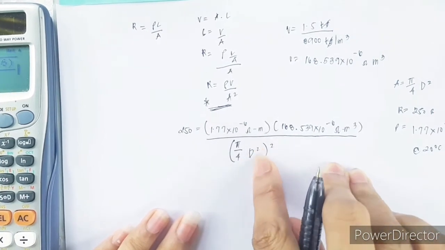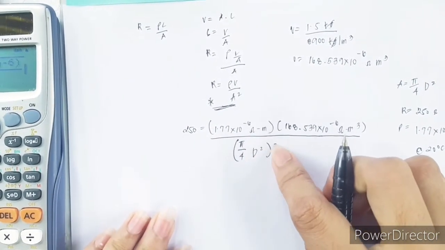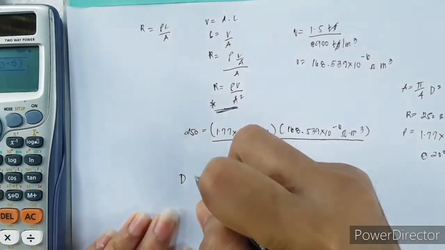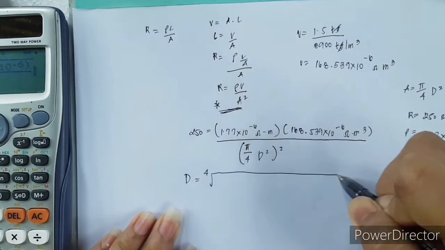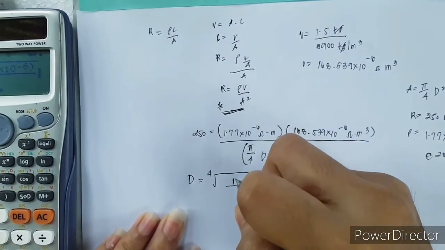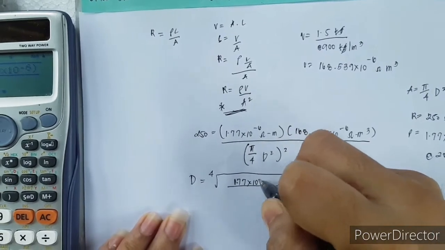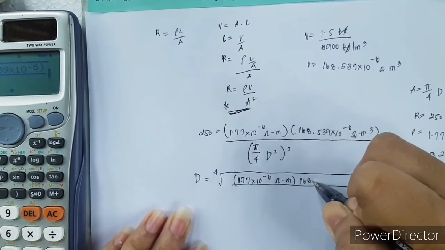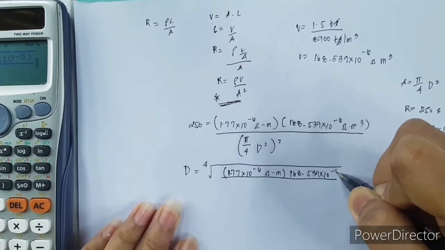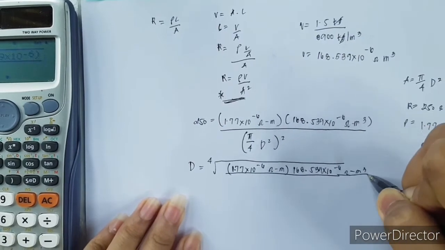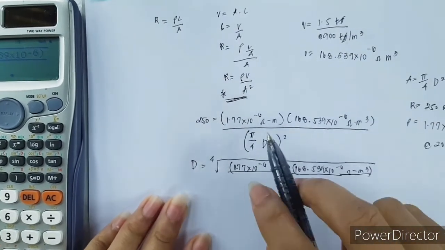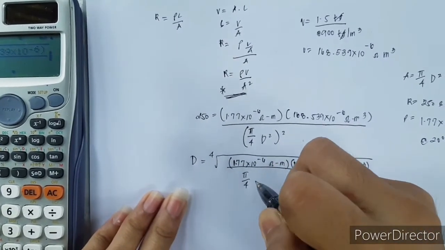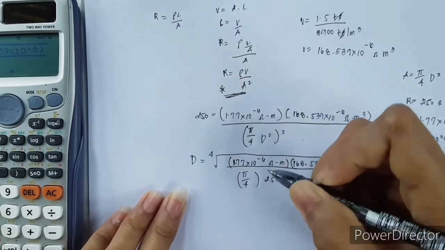All we need to do is to arrange this one. So, d squared to the power of 2 is equal to d to the power of 4. So, we will have a fourth root of the quantity 1.77 times 10 to the power of negative 8 times 168.539 times 10 to the power of negative 6, and then the 250 will be multiplied in this area. So we'll have here pi over 4 times 250.